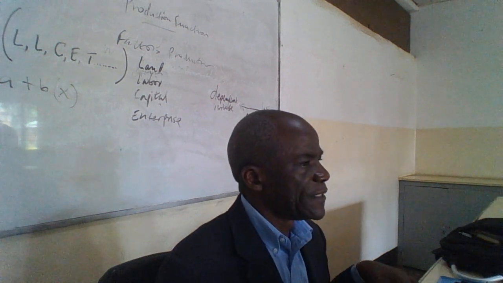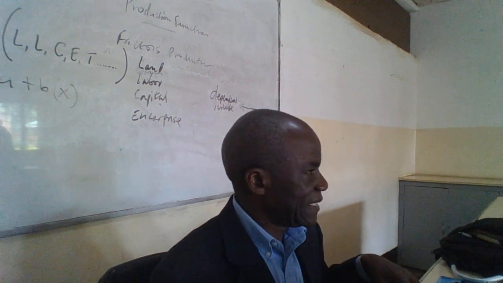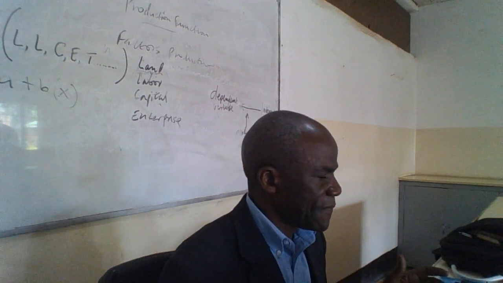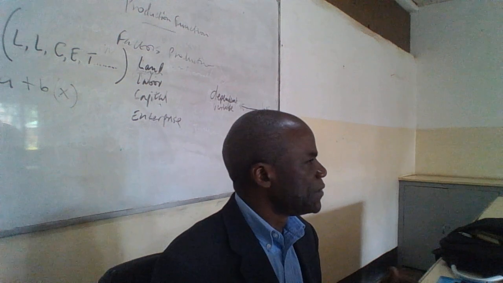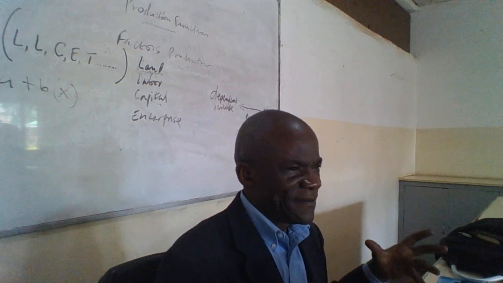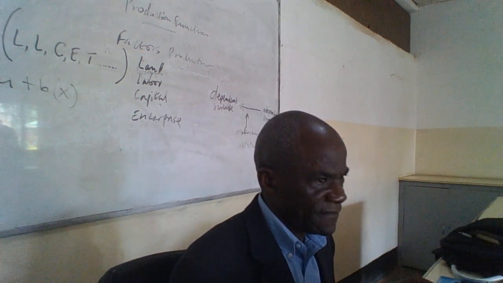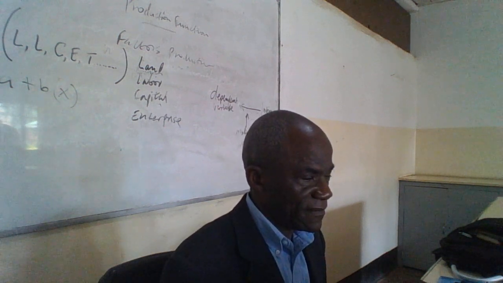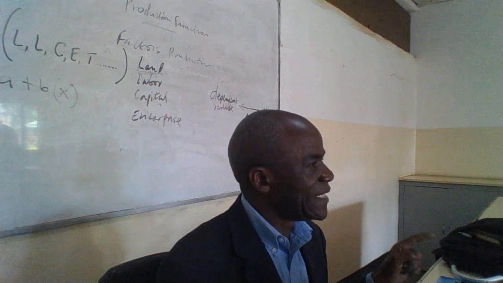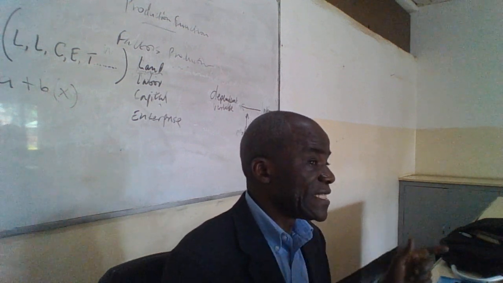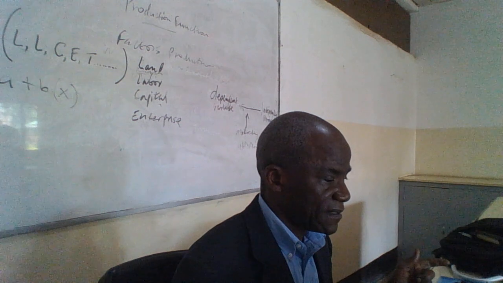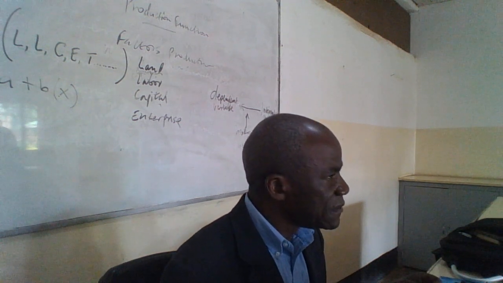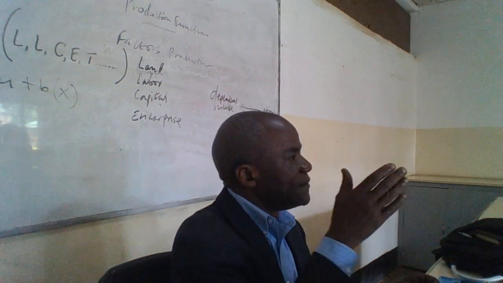We are also assuming that the factors of production are divisible into units. You can divide them. But the third assumption we're making is that you cannot increase the quantities. Whatever you have, you can divide it.